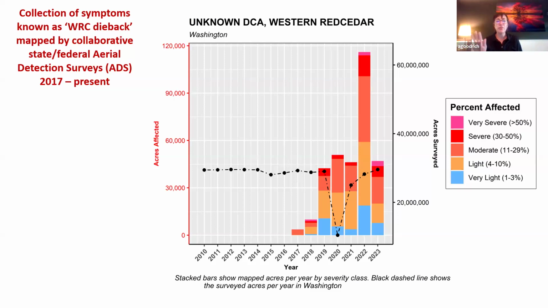Now, there are some caveats with this data. The surveyors got a lot better at noting the detection, the signature on the ground. They admittedly got a lot better at it, and so they were able to detect more. So I think this data is a combination of it. It did increase on the landscape over time, but our surveyors also got really good at identifying it.